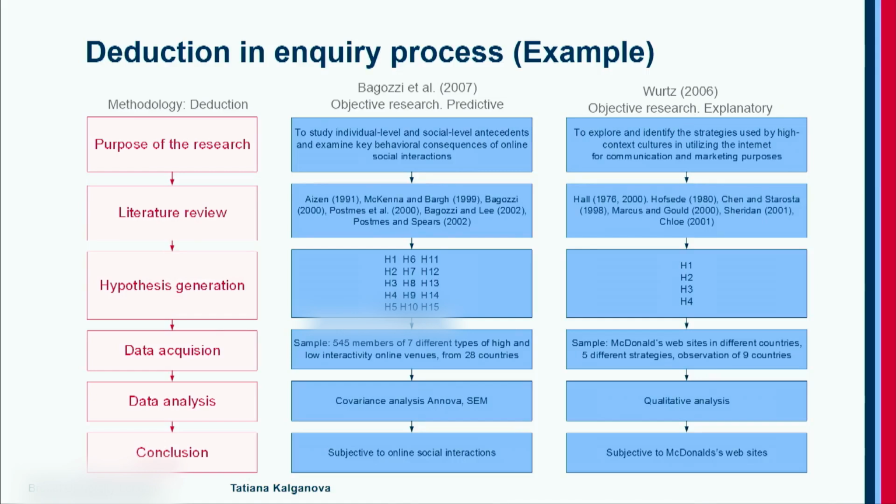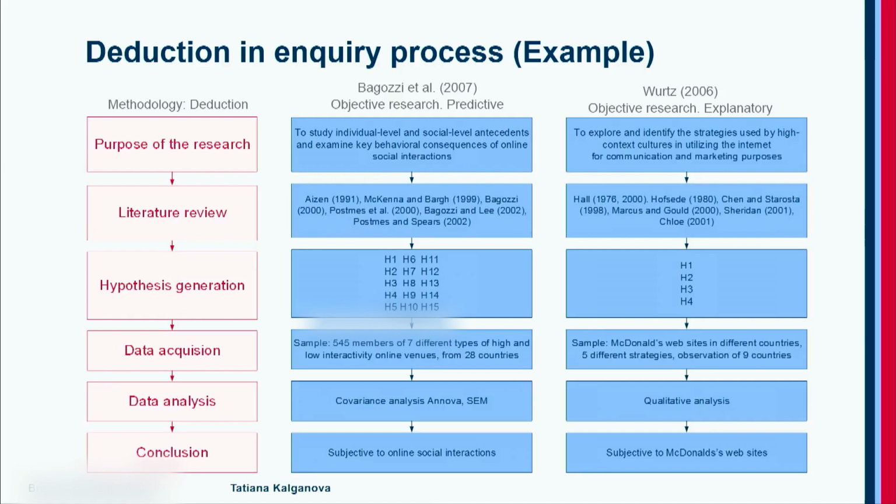Then we generate hypotheses. We do data acquisition, data analysis, and conclusion. If your paper lies within the deduction process, every single paper in the deduction process will follow this structure. Let's have a look at two examples of analysis of research papers in this case.